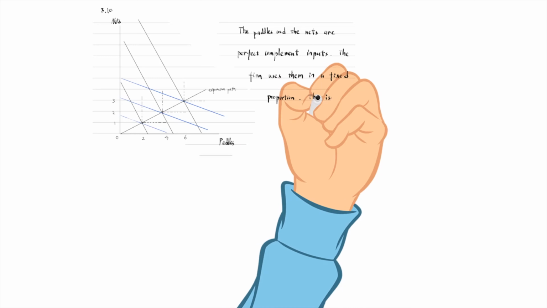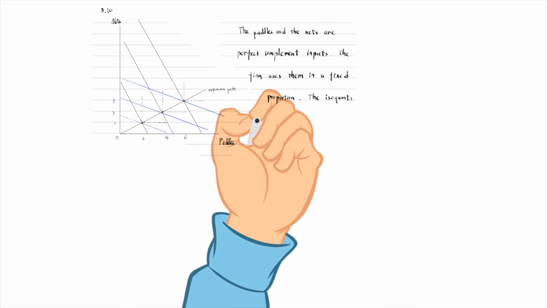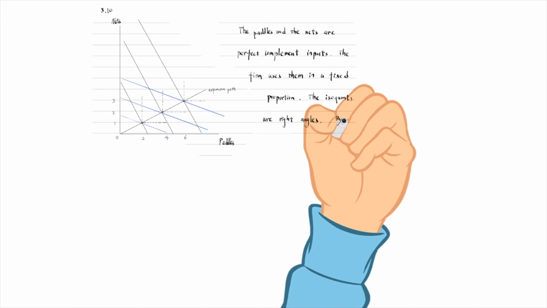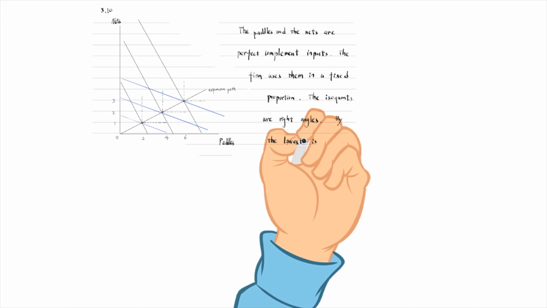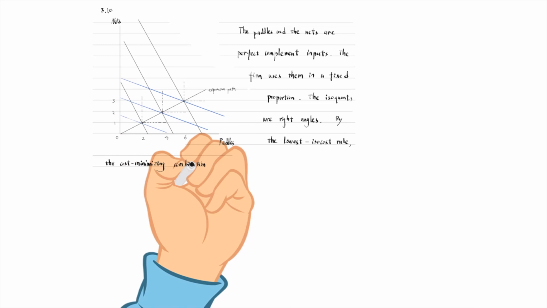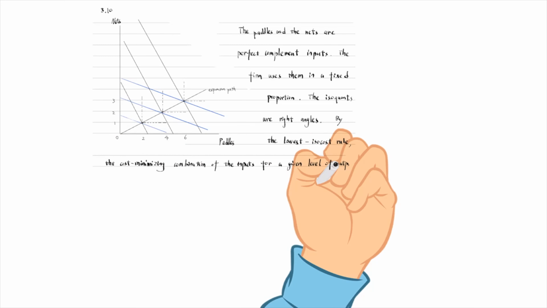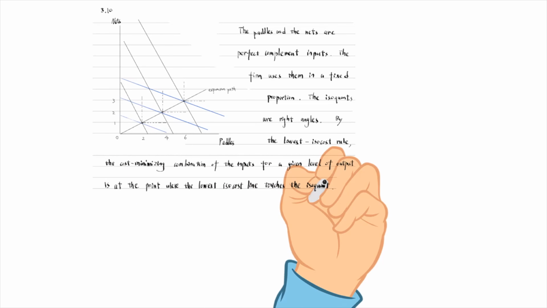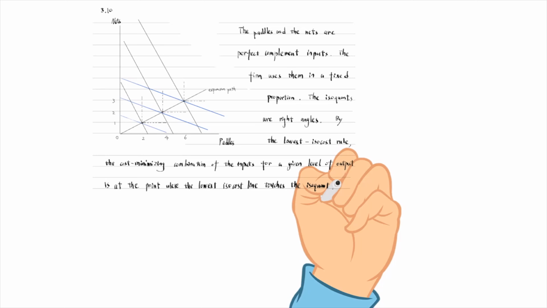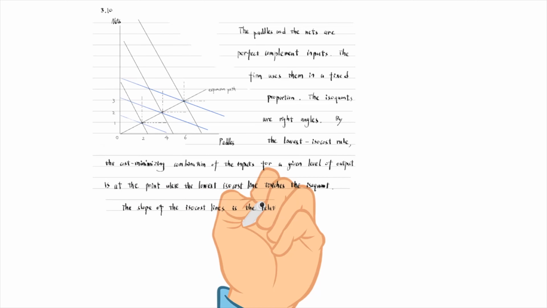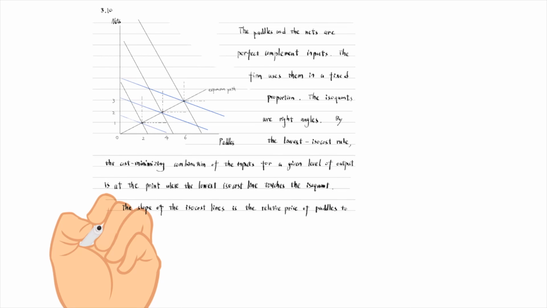The isoquants are right angles for perfect complement inputs. By the lowest isocost rule, the cost minimizing combination of the inputs for a given level of output is at the point where the lowest isocost line touches the isoquant. The slope of the isocost lines is the relative price of paddles to nets.